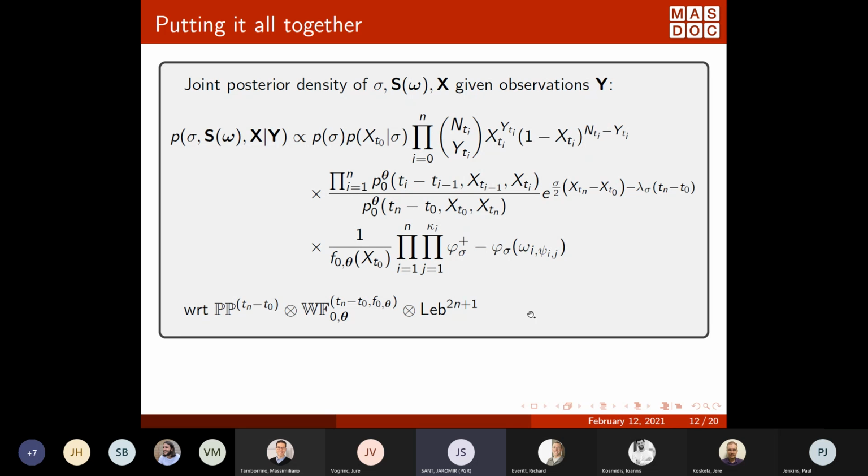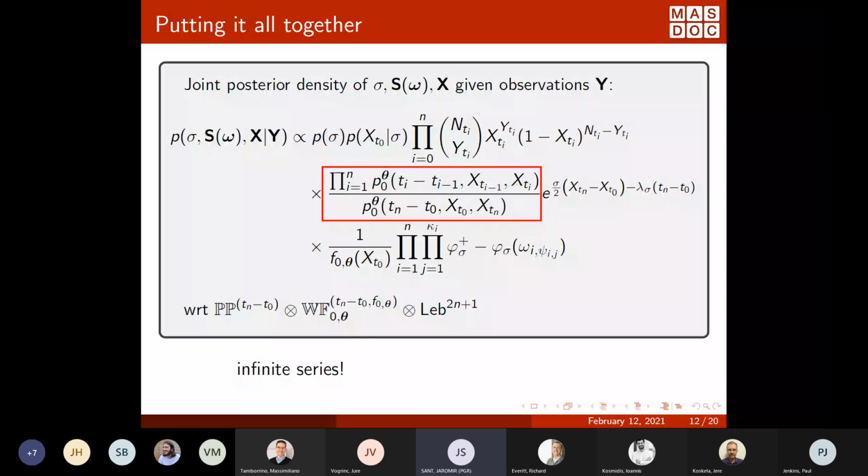There's only one problem, though, and that's the fact that we still have the presence of these neutral transition densities in the posterior, and the fact that these are an infinite series, so we can't really evaluate these at any point. And they're going to be particularly problematic when we're going to be computing what the acceptance probabilities are.